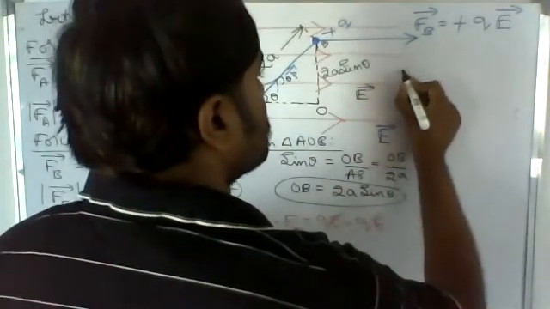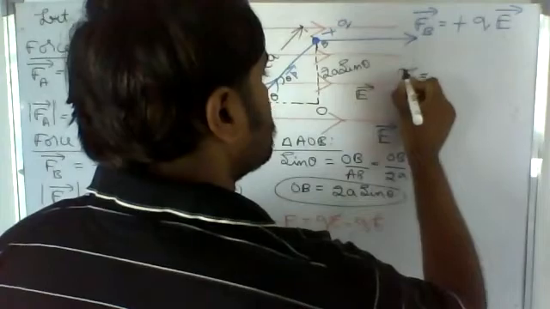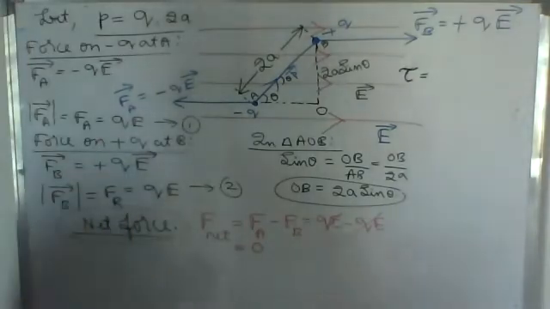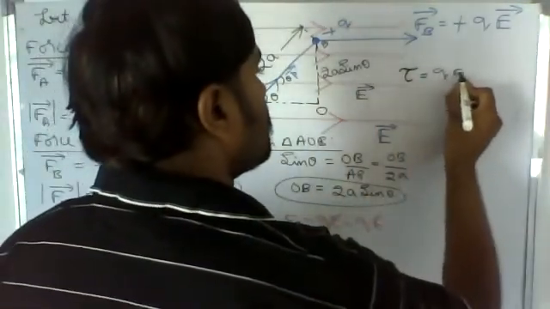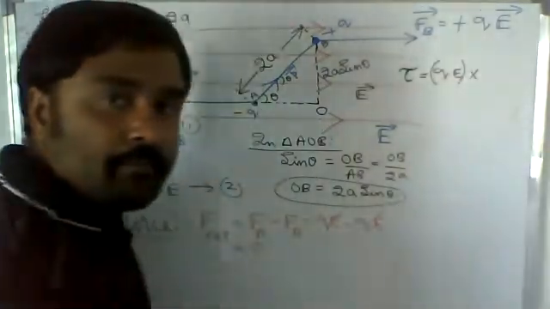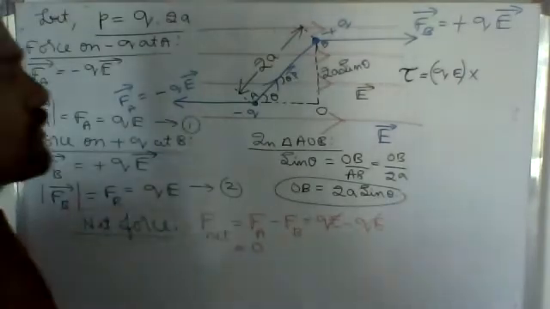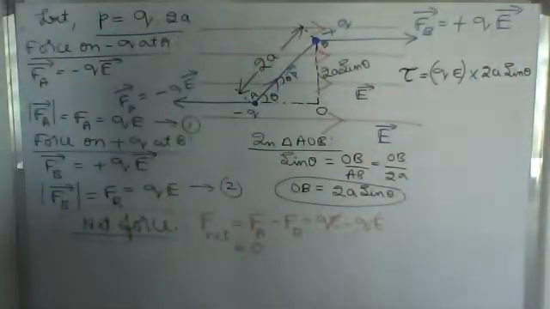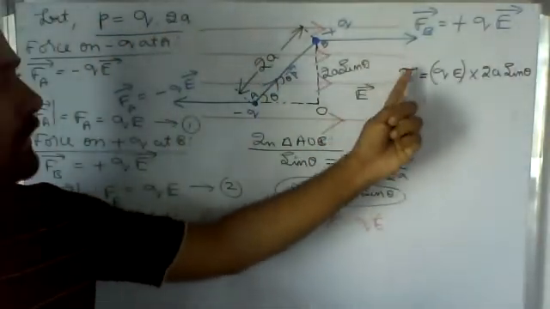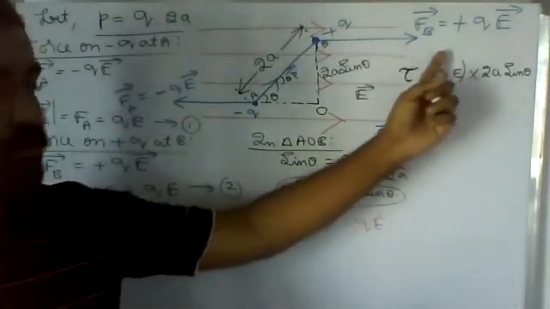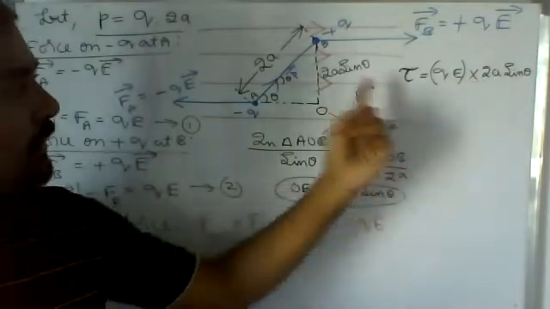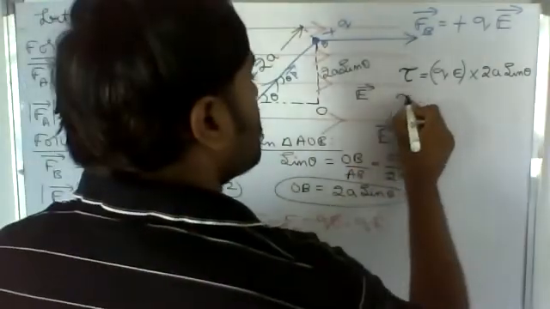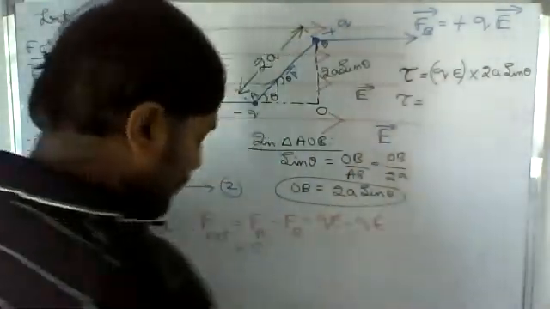So torque tau, this is the moment of couple or torque, is equal to the magnitude of one of the forces, that is QE, into the perpendicular distance between two forces, that is 2a sine theta. So finally we will get tau is equal to Q into 2a.